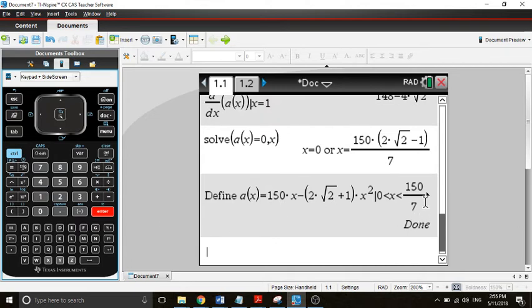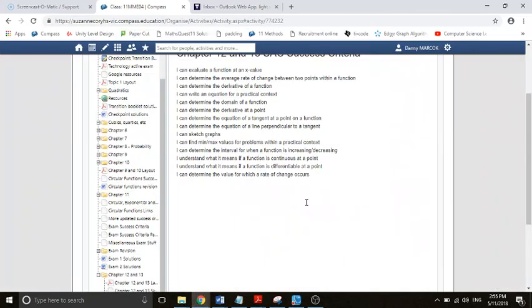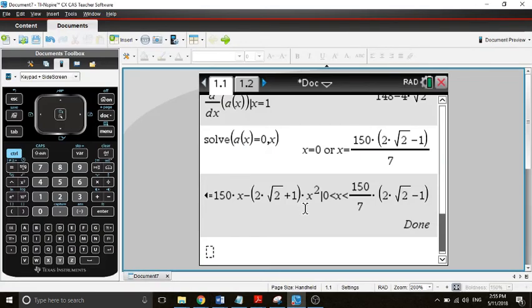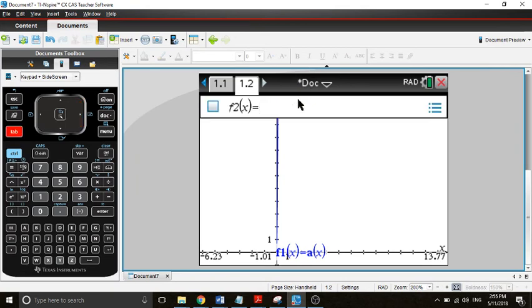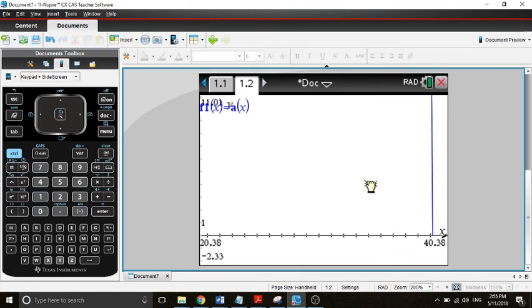That's the way we'd say that, and the reason for that is because that's where it ends up being 0. Now we've got our function defined over that domain. If we want to sketch that, we say sketch A of x and it'll sketch it for us. So we should be coming through at about there.